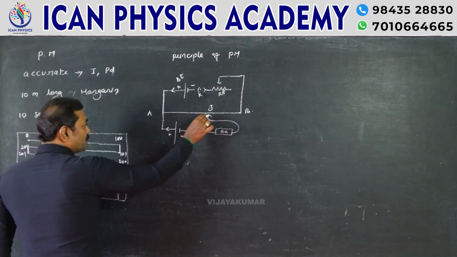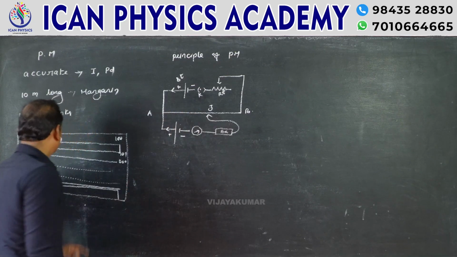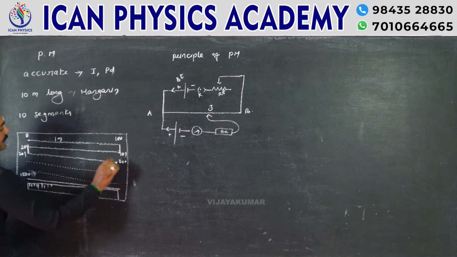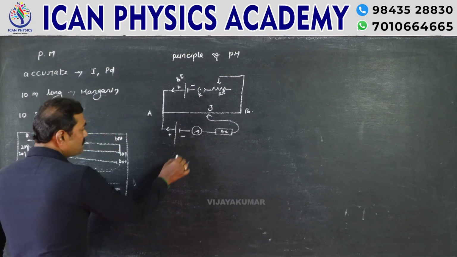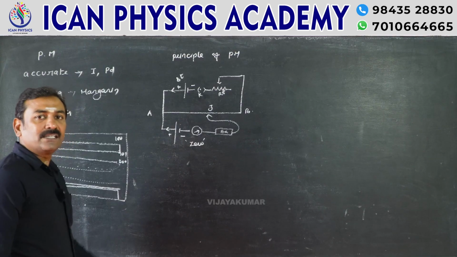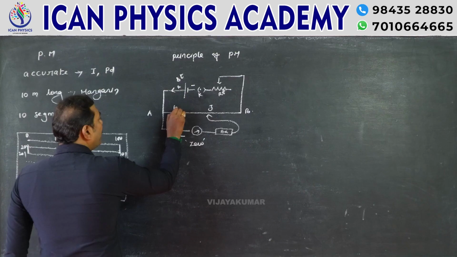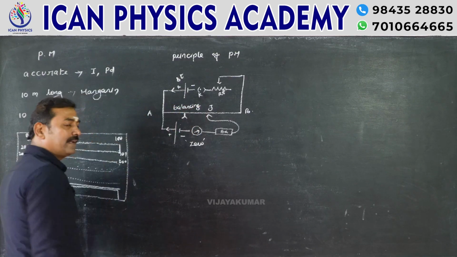Now the jockey is moving over the 10 meter long wire, first one, second one, third one, like that. At some point it shows zero deflection. Then it is said to be balanced, and that length is called the balancing length.